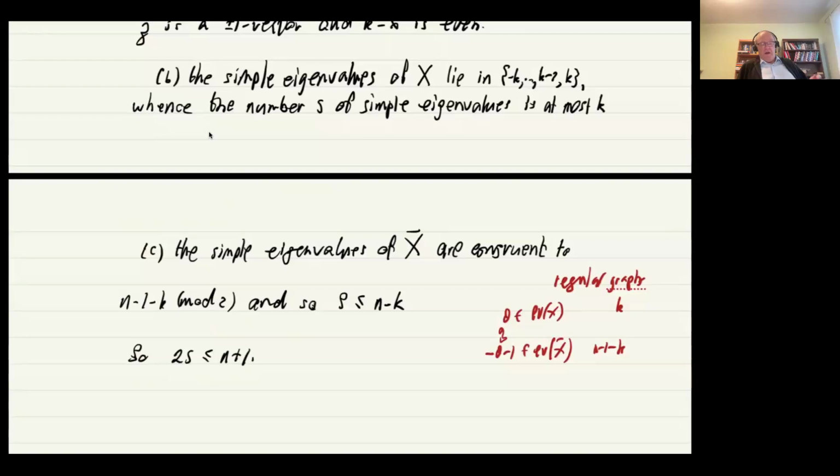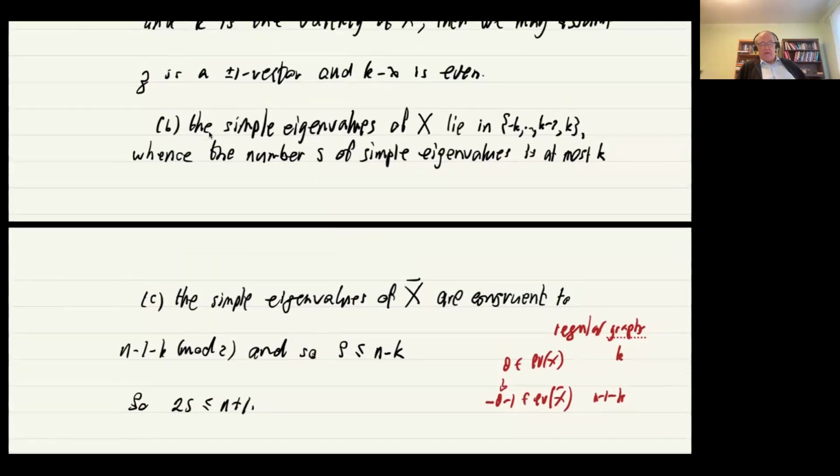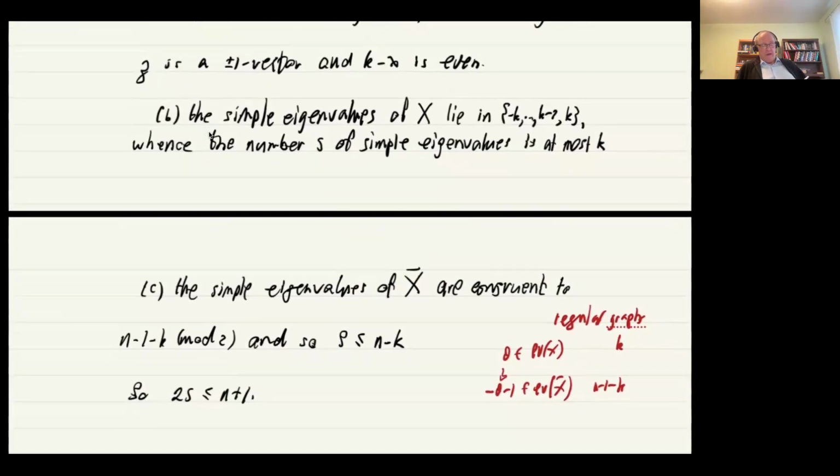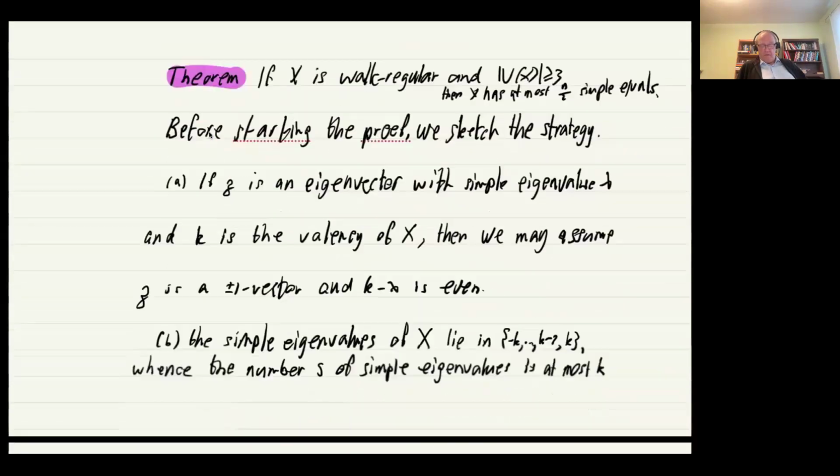Now, if we've seen that the number of simple eigenvalues is at most K, and you go to the complement, you get that the number of simple eigenvalues is at most n minus K. And so now you've got s less than or equal to K plus, and so there should be a 1 in there somewhere.